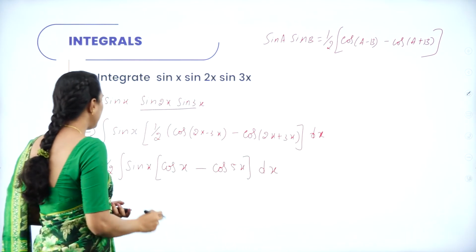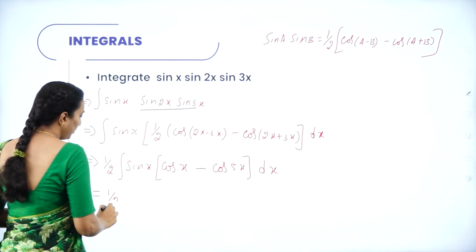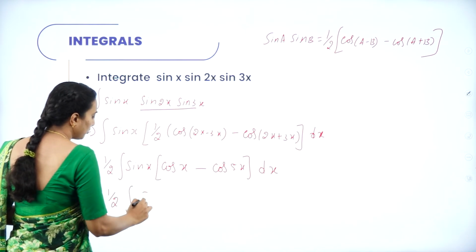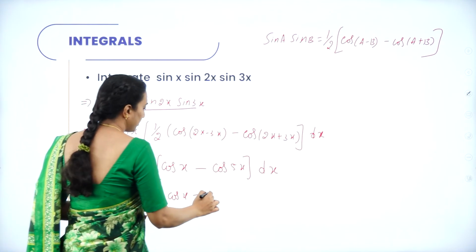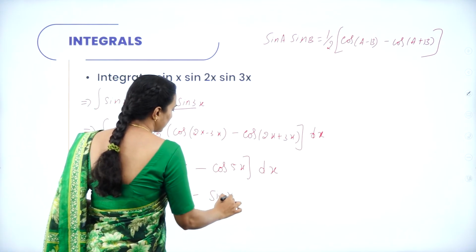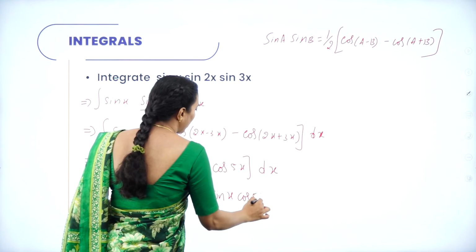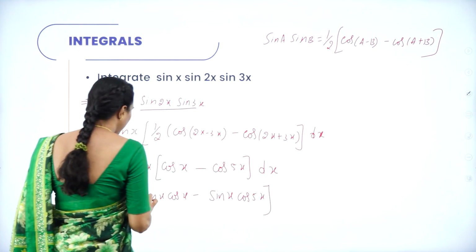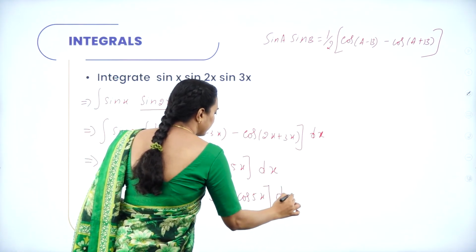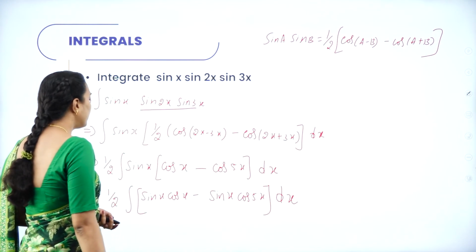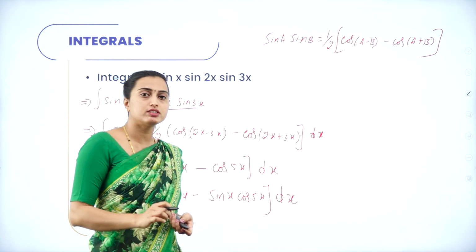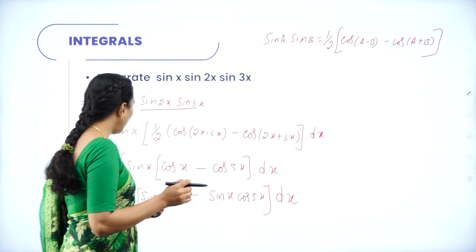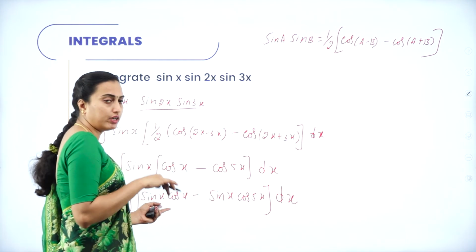Now you can multiply sin x inside: 1 by 2 into integral of sin x into cos x minus sin x into cos 5x into dx. Now see, sin x into cos x is there, but you know 2 sin x into cos x is sin 2x, but you do not have 2 here, so I am going to multiply and divide by 2.